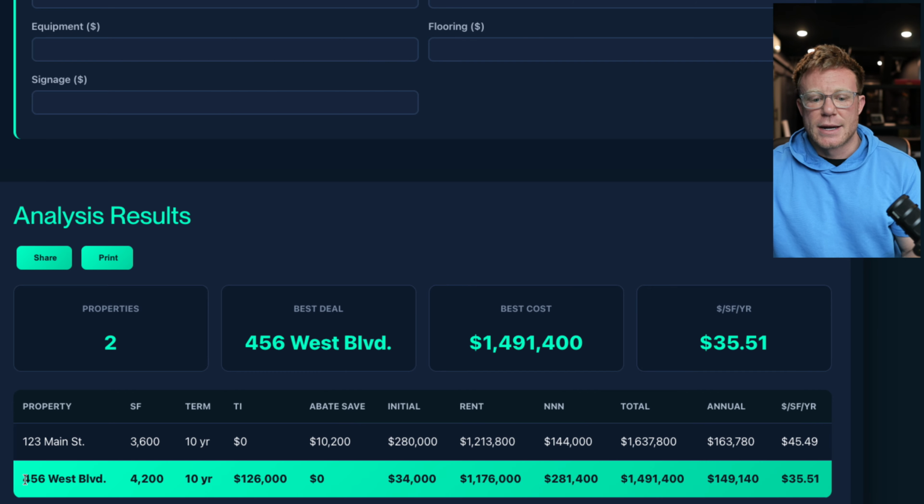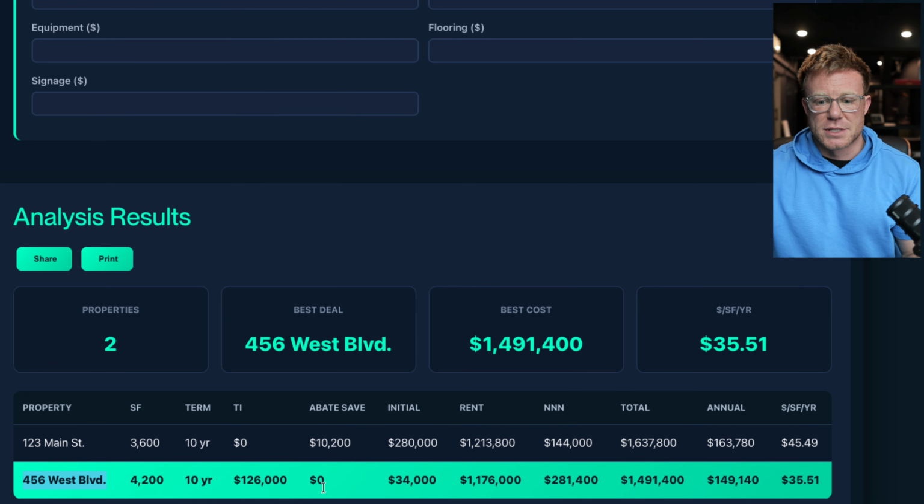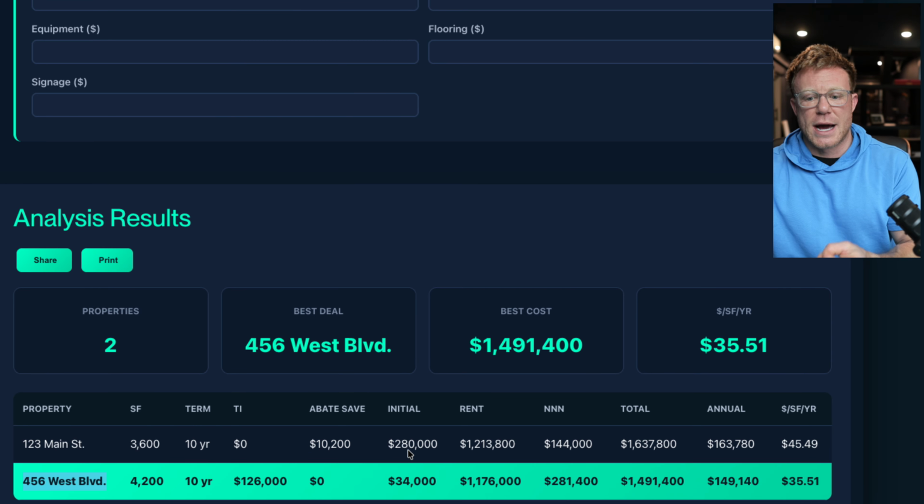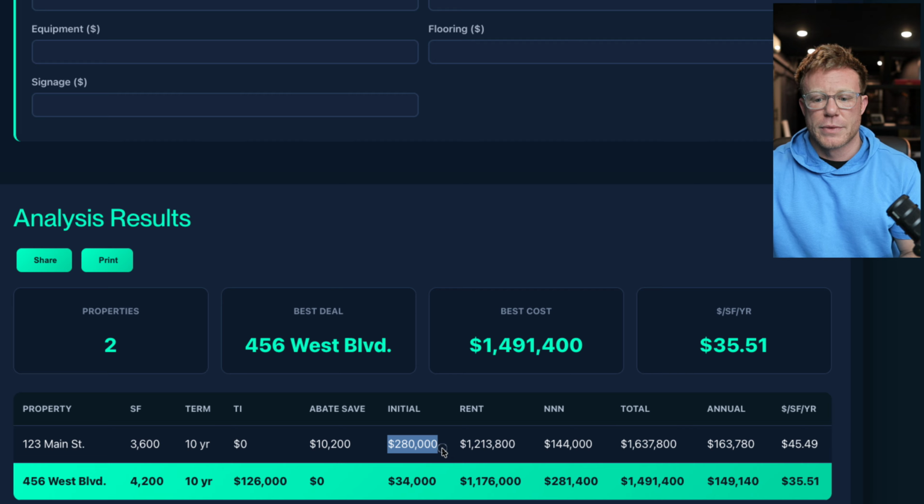It switched. Now 456 Main Street, okay, is the less expensive option because mainly it's calculating in here now. You have this initial upfront cost in construction, right? So it took the construction cost, subtracted the TI, and this is what you're left with in terms of that.